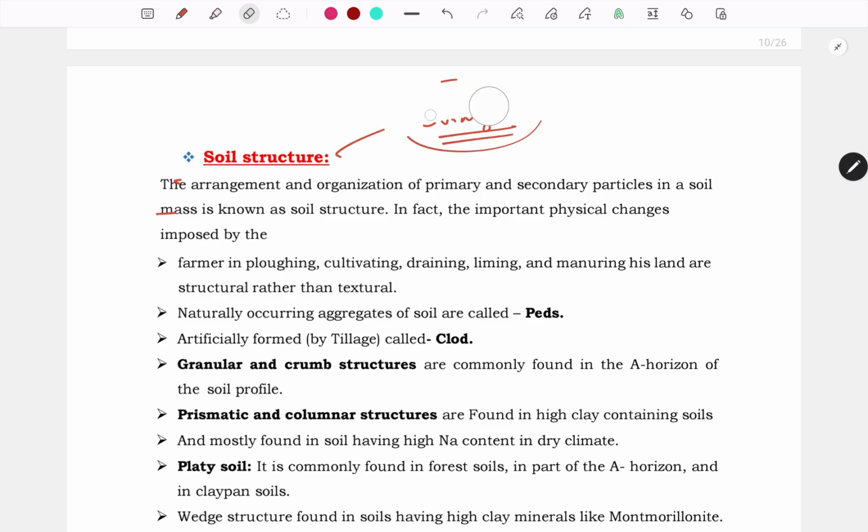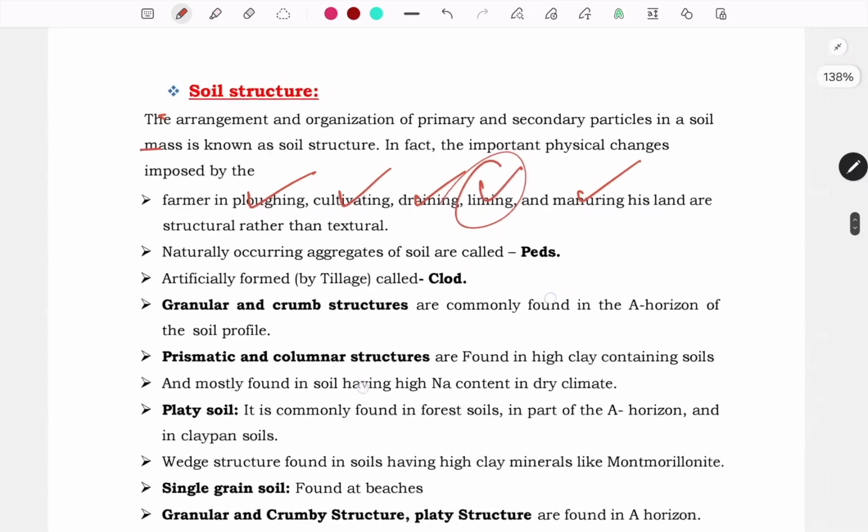Soil texture is a permanent phenomenon and it cannot be changed. It's a basic property of soil. These two are the basic properties of soil, but the texture cannot be changed, while the structure of soil can be changed by activities like plowing, cultivating, draining, liming, application of lime, manuring.